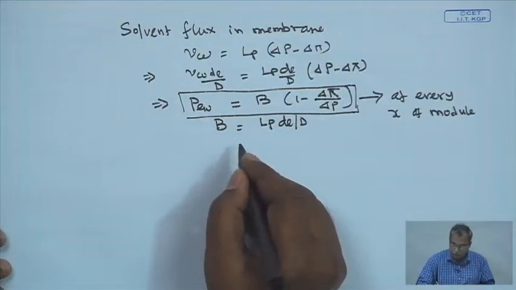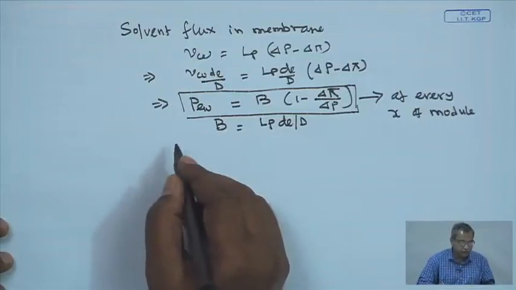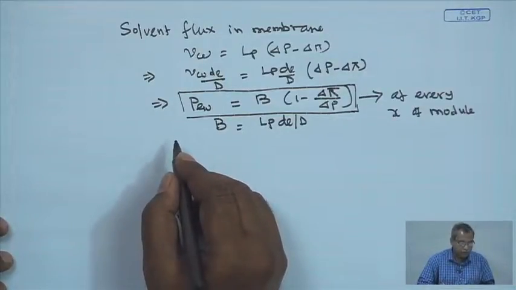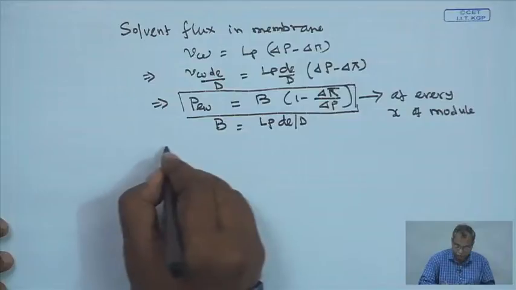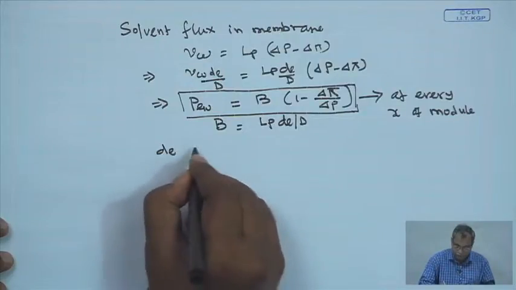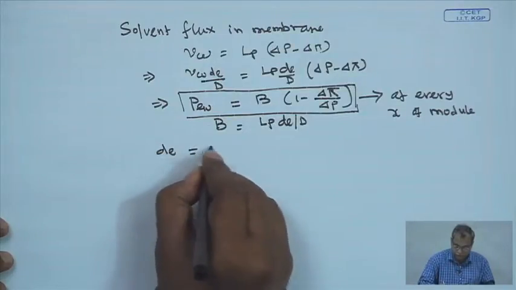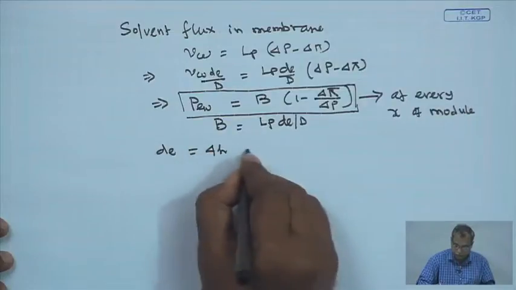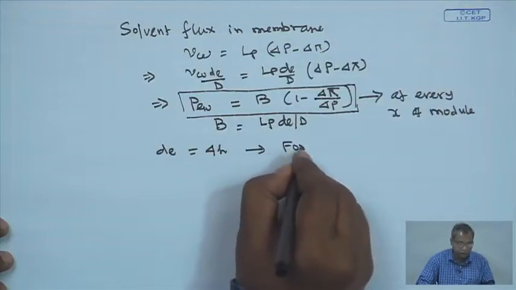Now, let us look into the other equations. If you remember, we have defined the equivalent diameter earlier: the equivalent diameter is nothing but 4 times the half height for a thin rectangular channel.